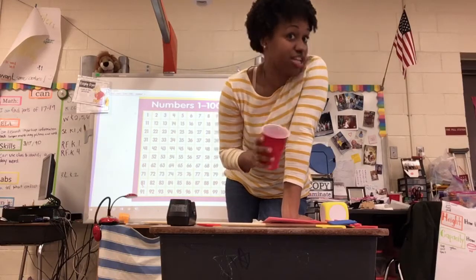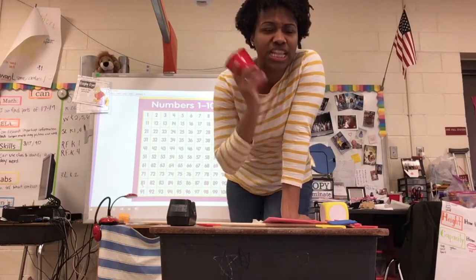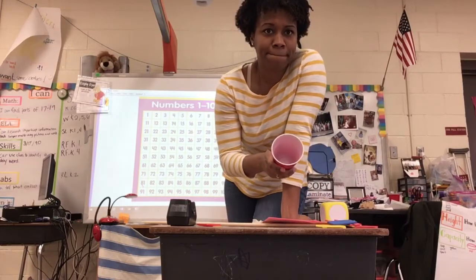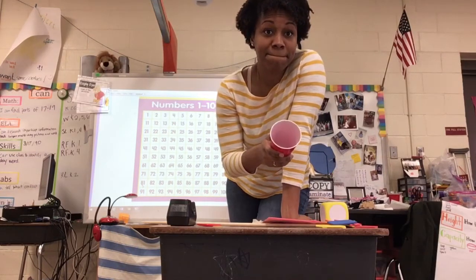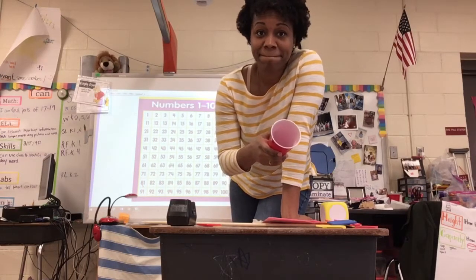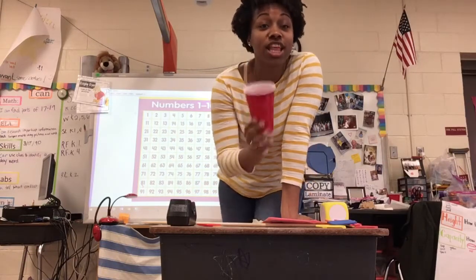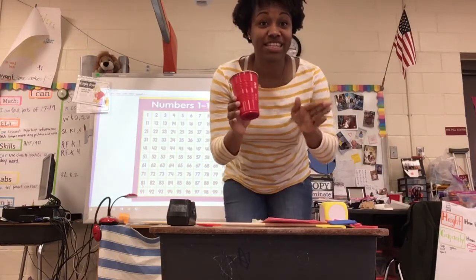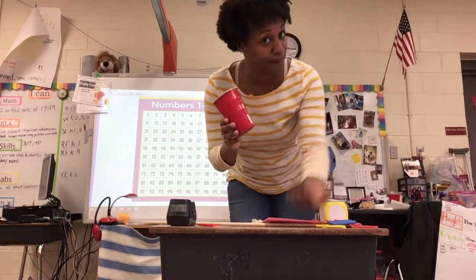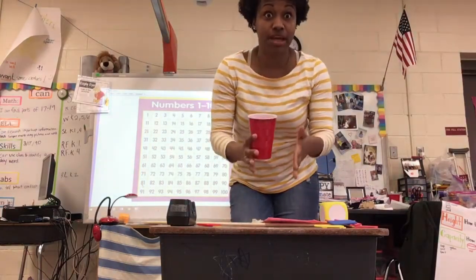All right, so this cylinder, we need to see if it's 2D or if it's 3D. So we need to run our test, right? So when we run our test, what are we looking for? We're looking for if it's flat, right? That means it falls down. Or if it's solid and it stands up, okay?